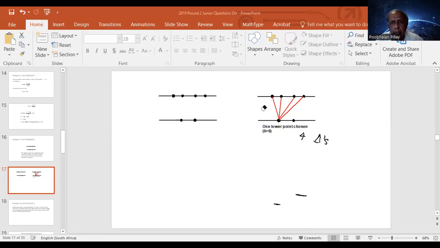Now here, suppose I have chosen this vertex. Now I can draw lots of triangles like this, lots of lines. How many triangles are there in this picture here? Well, you can see the 3 small triangles, 1, 2, 3, the smallest triangles.